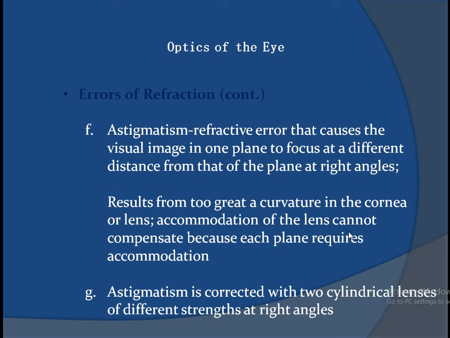But here you must know that astigmatism is a very different condition from myopia and hypermetropia, and here we have a different type of lenses for its correction, the cylindrical lenses.